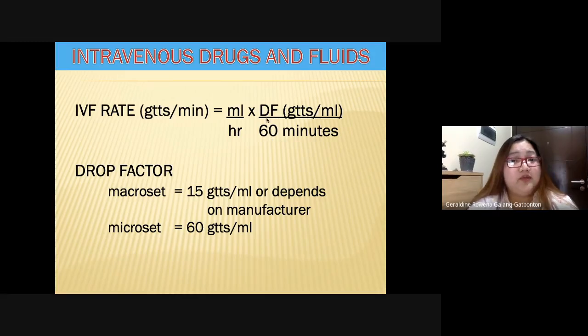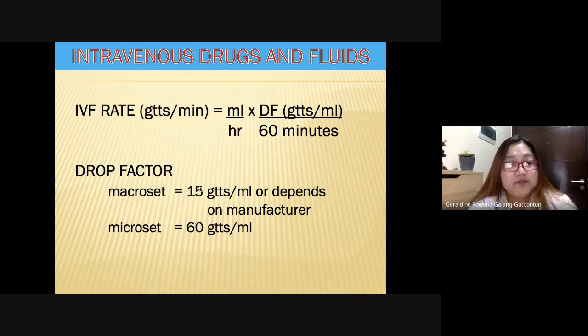So, ang drop factor is in drops per ml. Dalawang klase yan, macroset or microset. Okay? Pag macroset, usually 15 drops per ml or depende sa manufacturer. Minsan 20 drops per ml, minsan 25 drops per ml, depende. Pero pag microset, no, it is always 60 drops per ml.